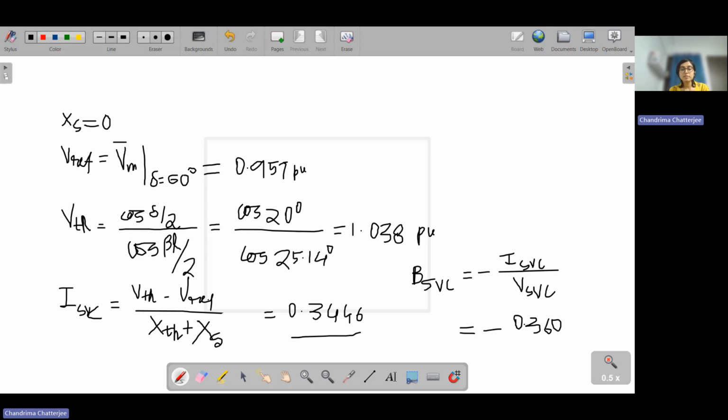V reference also remains the same. So now the current will now be 0.284 per unit. Okay. This XS is now 0.05.